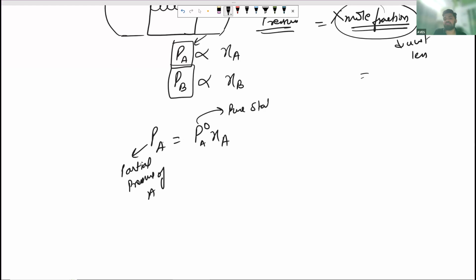Similarly, the partial pressure of B when it is mixed with A will be equal to the pure state value of B, P naught B, into XB.